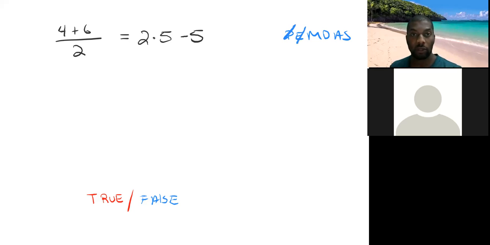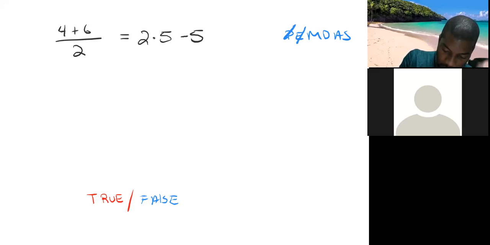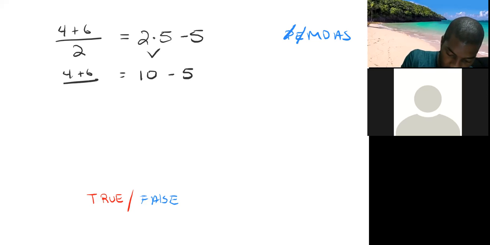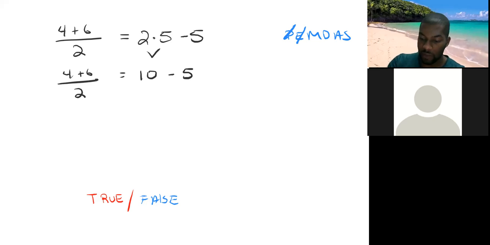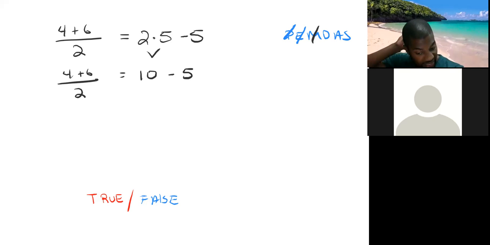Any multiplication? Yes, there is right here, the 2 times the 5. 2 times 5 is 10. Leave the -5 where it is. Rewrite the 4 plus 6 divided by 2. Do I have any division? Technically I do. The 4 plus 6 divided by 2. So I really do need to solve the 4 plus 6 first, right?